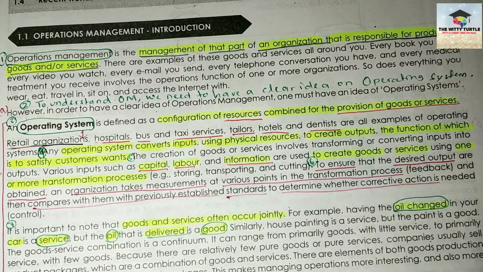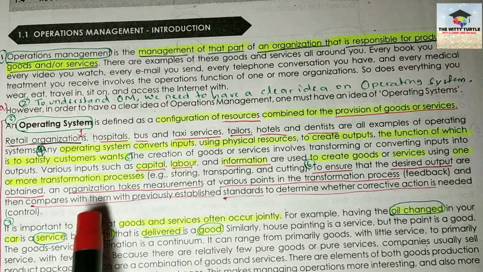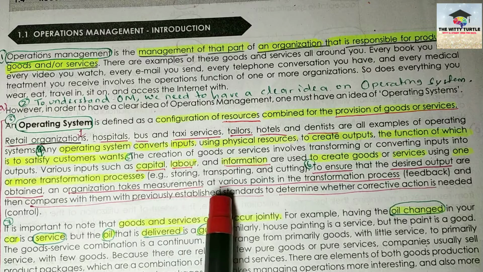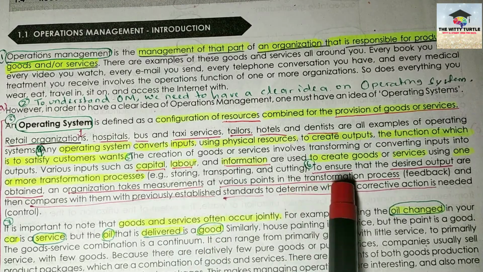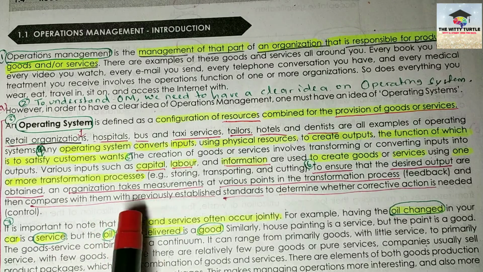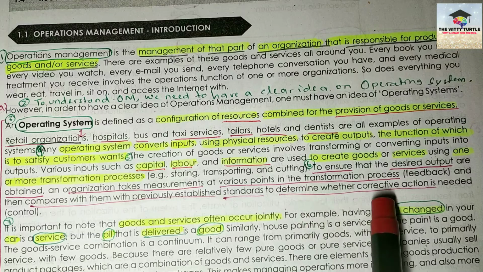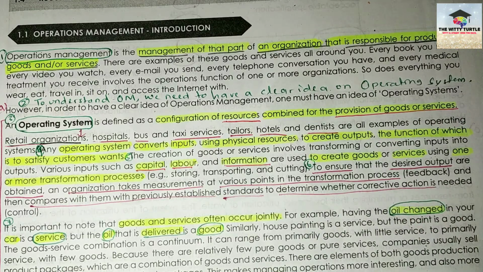To ensure that the desired output is obtained, an organization takes measurements at various points in the transformation process and then compares them with previously established standards to determine whether corrective action is needed or not.